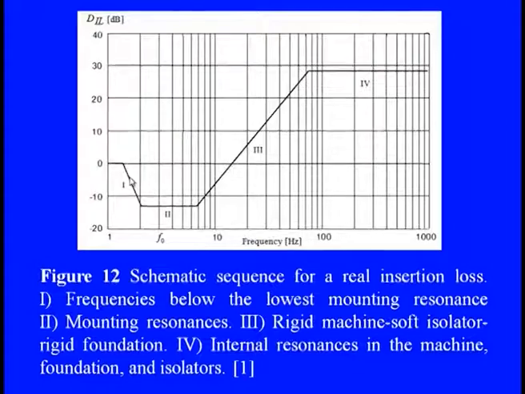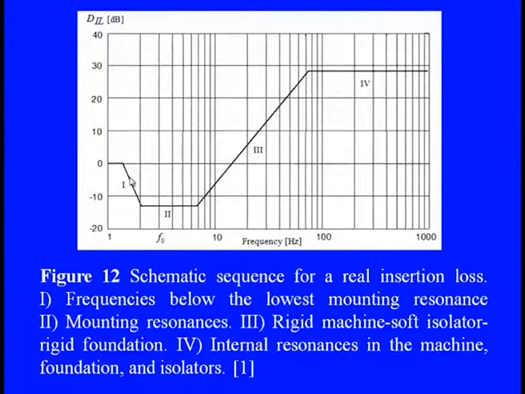a sequence for the real insertion loss. In the first part, there are four regions clearly shown. The first is the frequency region below the lowest mounting resonance. You can see that when we start with the frequency, the insertion loss starts from about 0 and then goes down below the lowest mounting resonance.